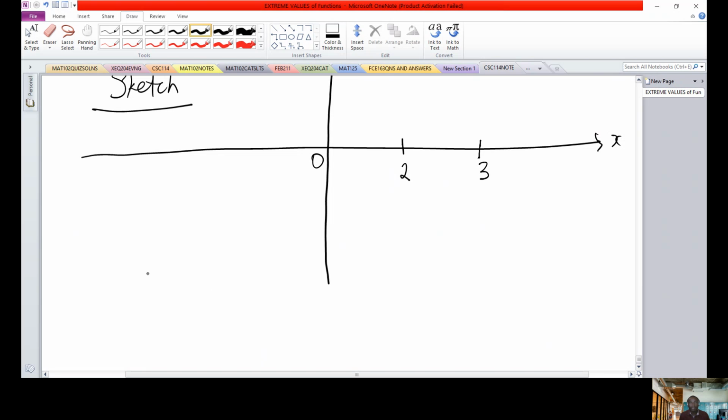you can always test now. When you put 3 into the second derivative, as we have seen, it is greater than 0, so it's concave up. So which means that at this point we have this kind, and then at 0, when you put 0, we have concave down.